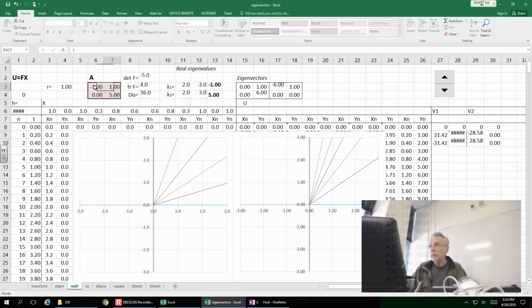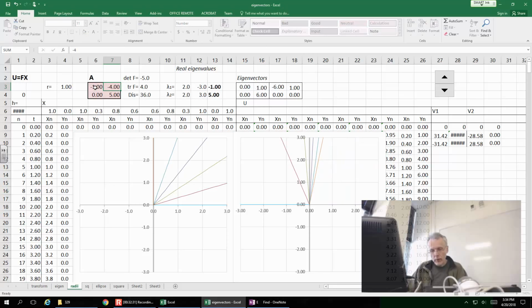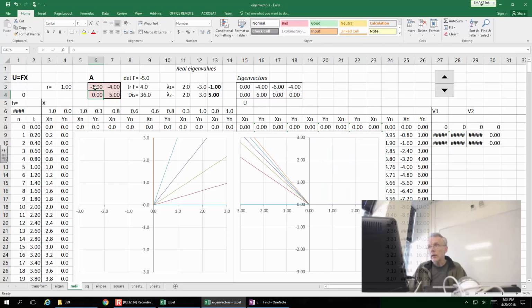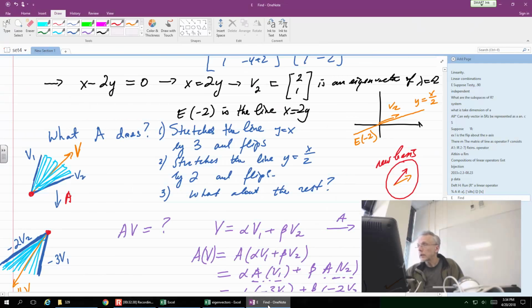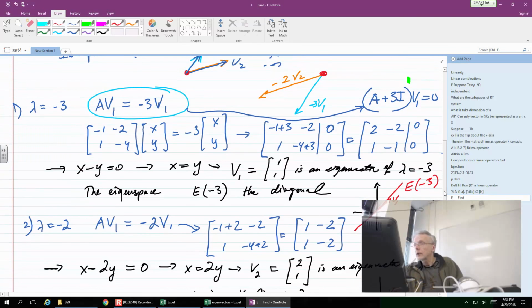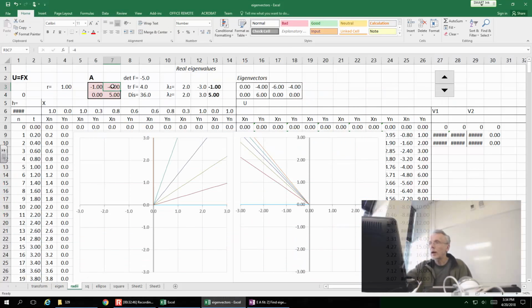Negative 1, negative 2, 1, and negative 4.